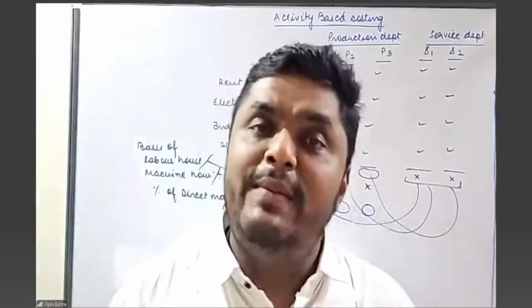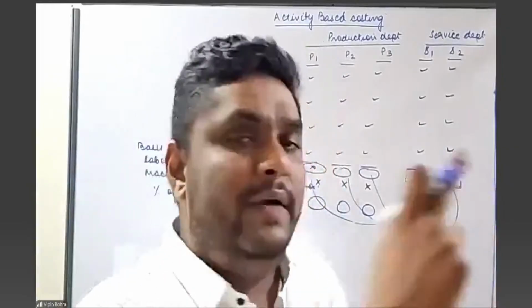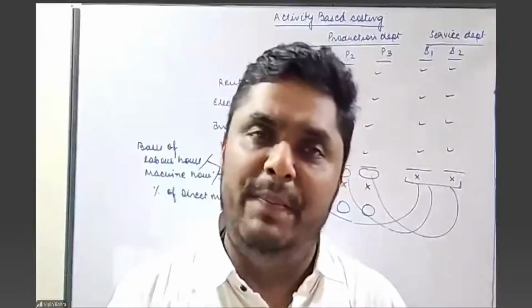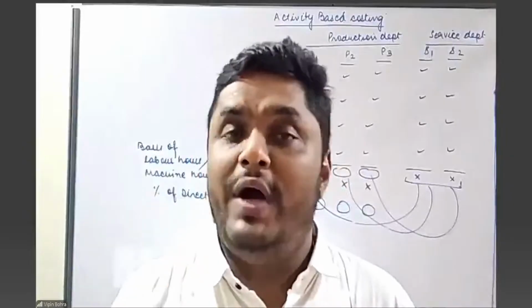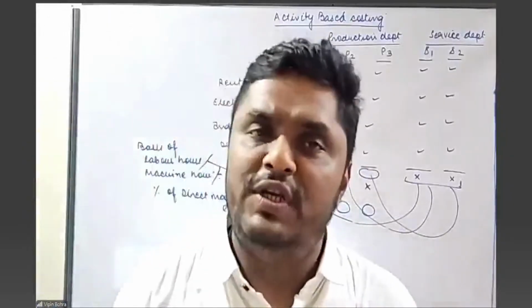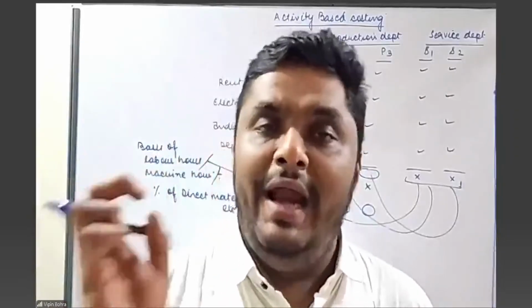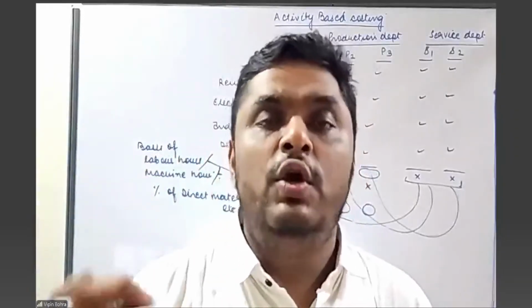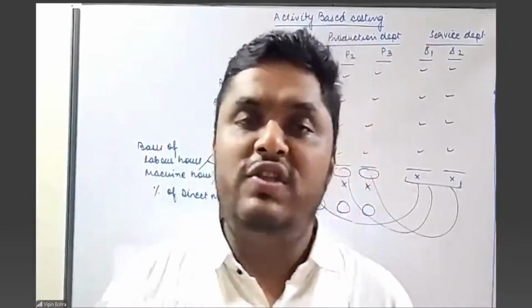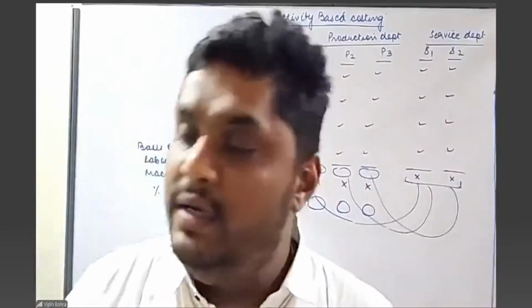Since no units are manufactured in service departments, the overheads of the service departments were redistributed to the production departments. Thereafter, we used to identify the basis of absorption. And once the basis of absorption is identified, we used to calculate the absorption rate. And that absorption rate is used to calculate the total cost of the product or total cost of batch. So this is what we have learned in overheads.